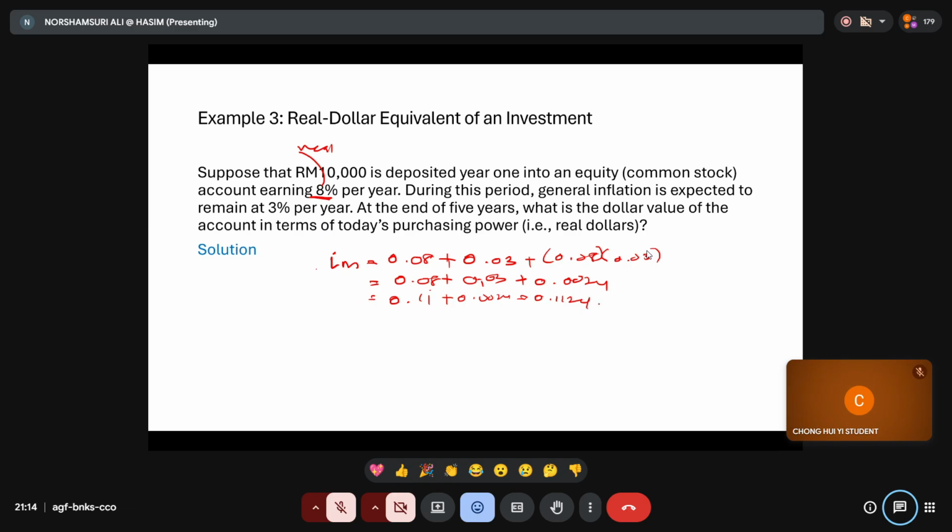This is the market one, not the real one, so that you can get the real dollar.